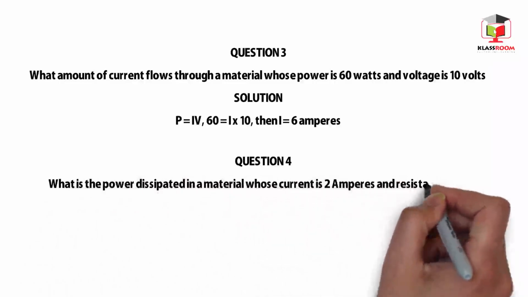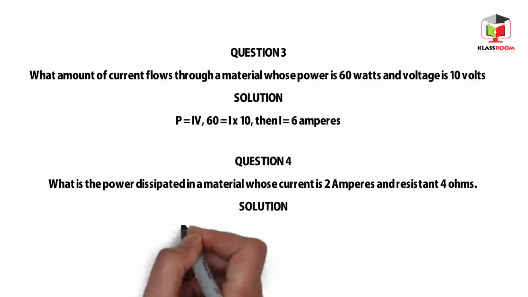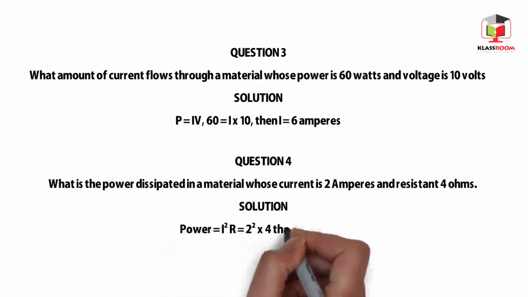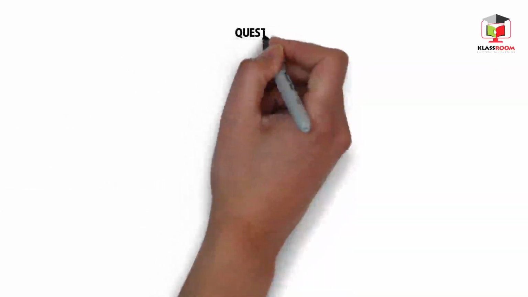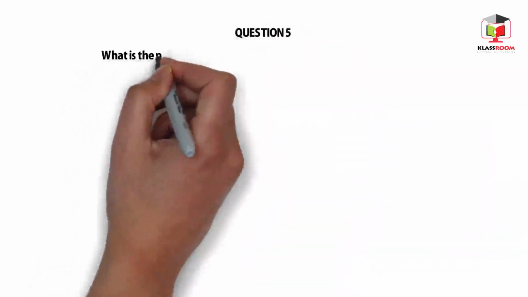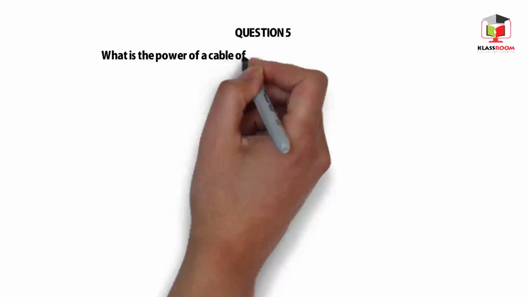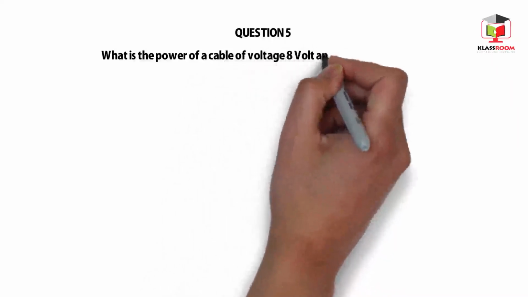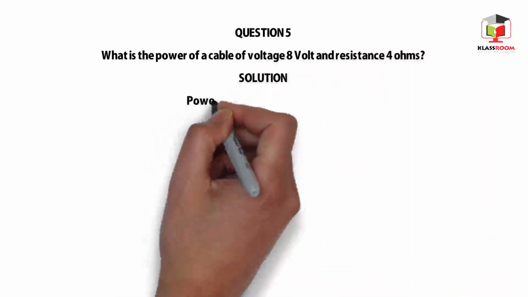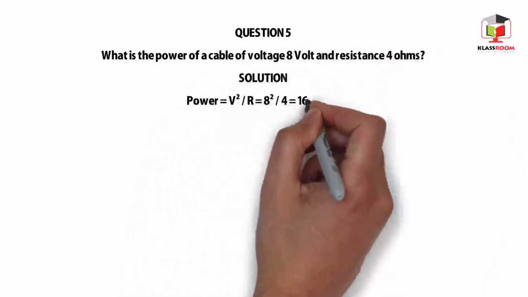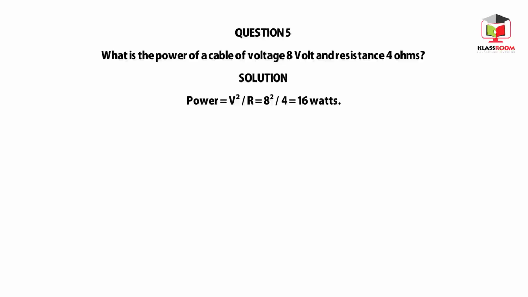Solution. Power is equal to I squared R equals 2 squared times 4. That is 16 watts. Number 5. What is the power of a cable of voltage 8 volts and resistance 4 ohms? Solution. Power is equal to V squared over R equals 8 squared over 4 equals 16 watts.